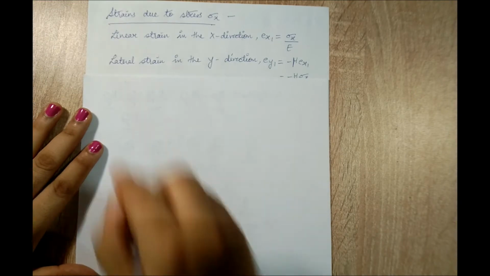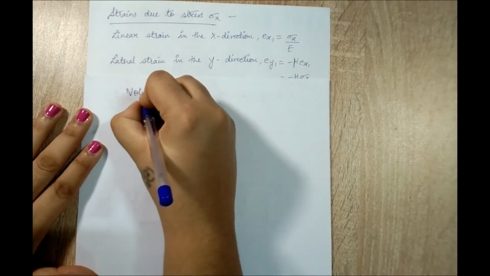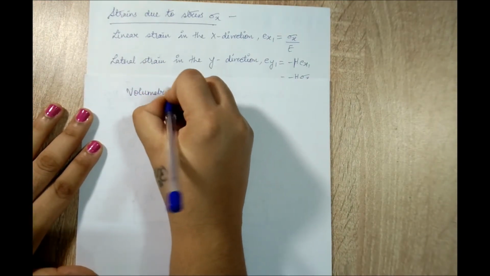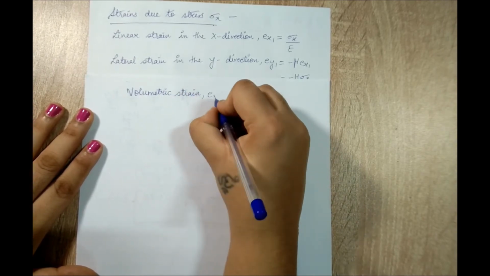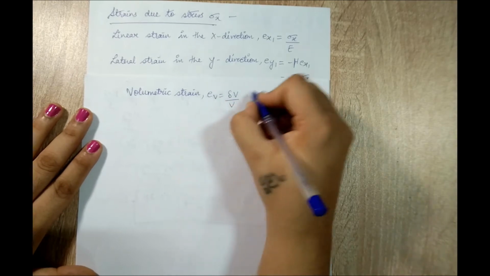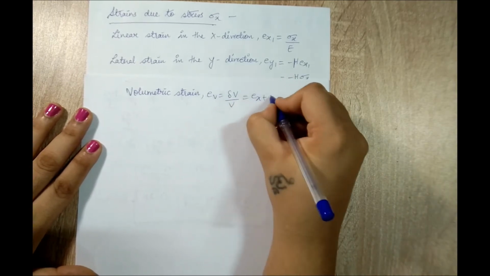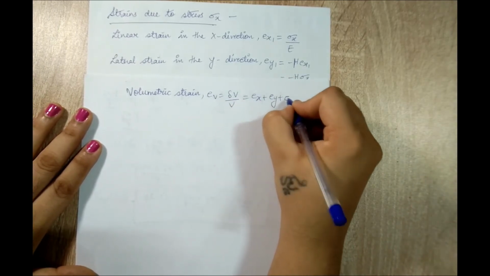Next I'll talk about volumetric strain. EV will be delta V by V, which is also Ex plus Ey plus Ez.